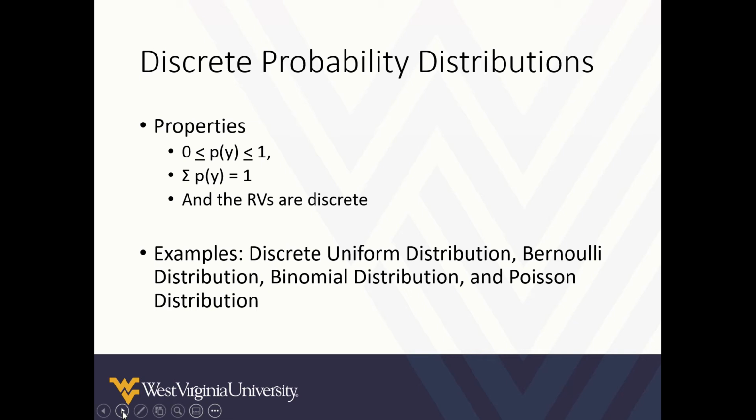There are other ones, but these are the ones that we're going to focus on in this course. Actually, that's kind of a lie. I'm not going to focus on the discrete uniform distribution. Instead, I've chosen to focus on the continuous uniform distribution. But the Bernoulli, the binomial, and the Poisson are kind of the big 3 in discrete probability distributions, and those are the ones we focus on in this course.